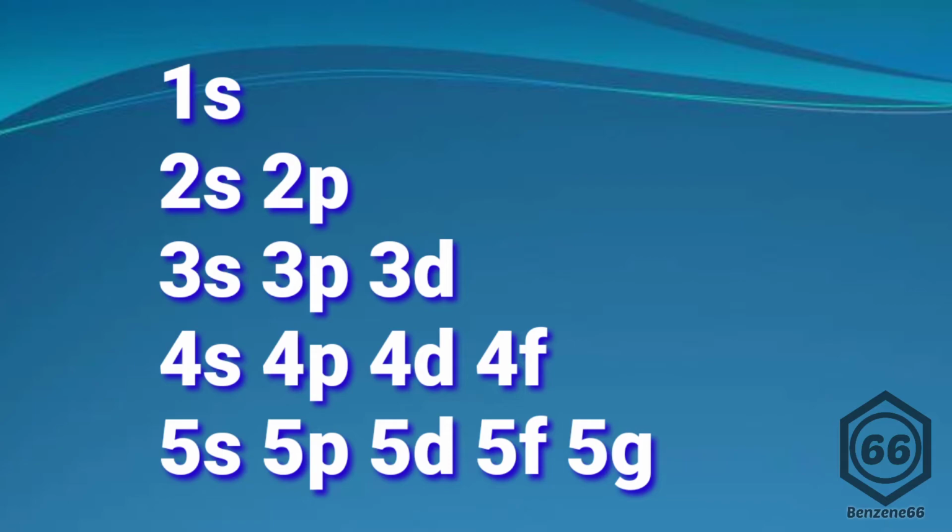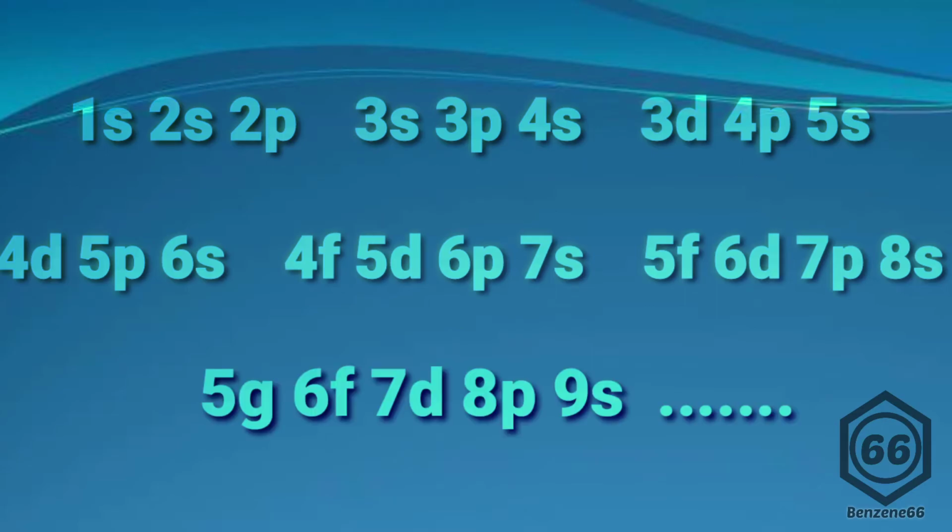So while writing the shell numbers, leave the subshells that have already been considered. That means the sequence with the n values is going to be 1s, 2s, 2p, 3s, 3p, 4s, 3d, 4p, 5s, 4d, 5p, 6s, then 4f, 5d, 6p, 7s, 5f, 6d, 7p, 8s and so on.